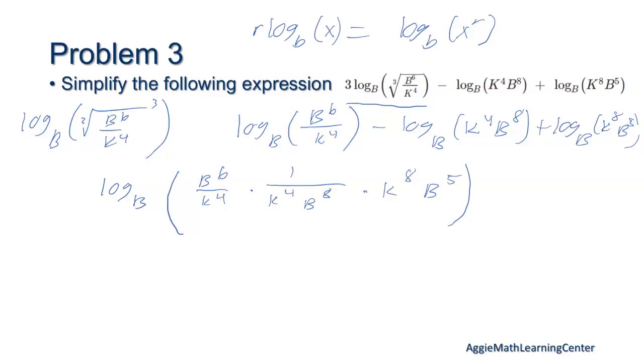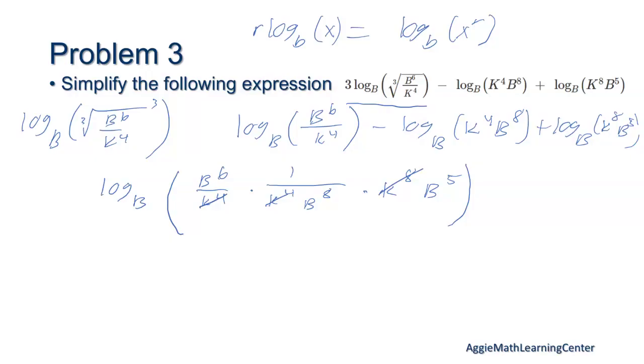Now they're all in one log, and so we can simplify. We see that there are 4 k values in the denominator, and if we combine those together, that's going to become a k to the 8th. And in the numerator, we have a k to the 8th. So those are going to cancel, because you have 8 in the denominator, 8 in the numerator. And so you're left with 0 k's.